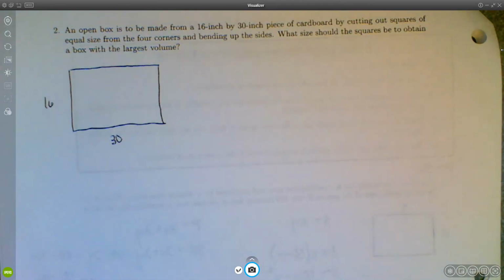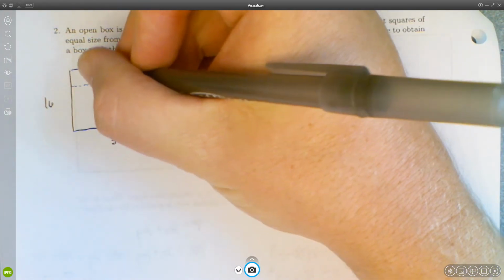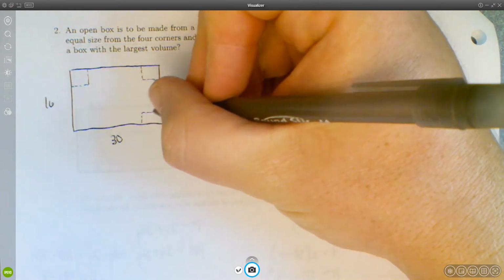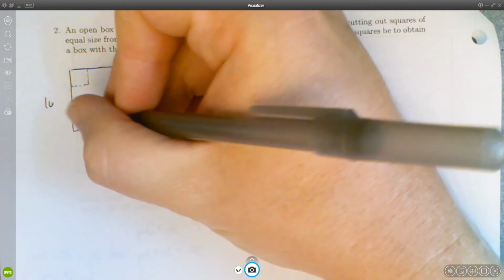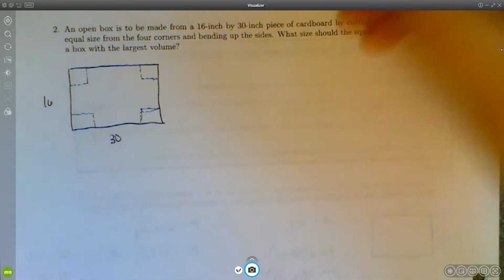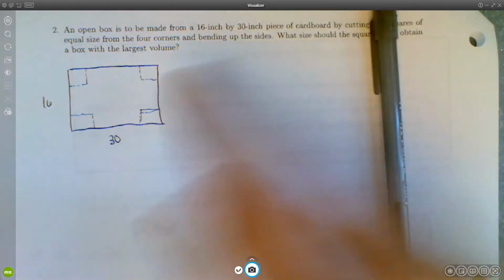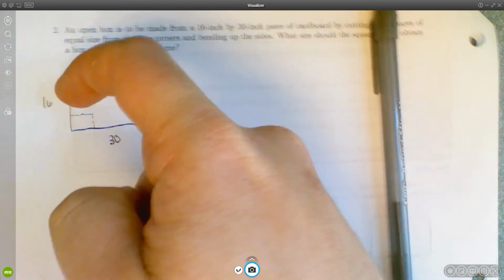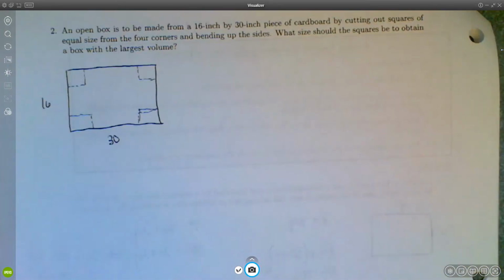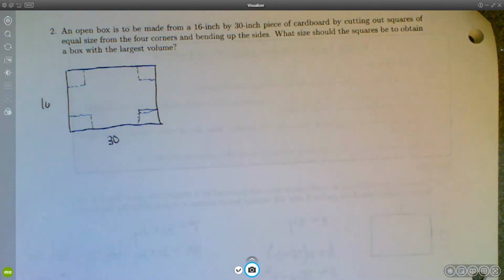But we're going to cut out squares of equal size from each corner, and that's going to allow us to bend up this flap, and this flap, and this flap, and this flap, and it'll make a little box with an open top, right? So it's an open box. And we want the box with the largest volume. So it says, what size should the squares be to obtain the box with the largest volume?